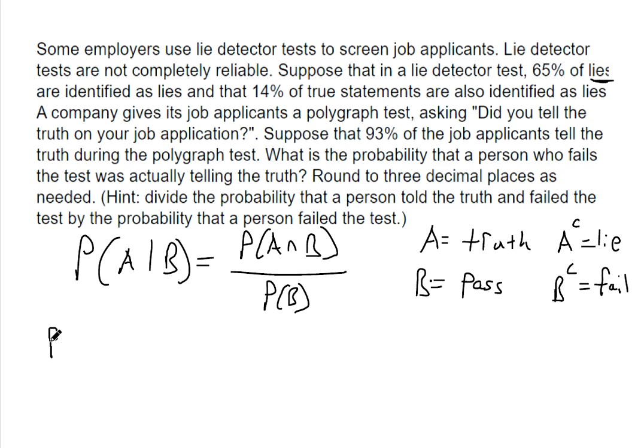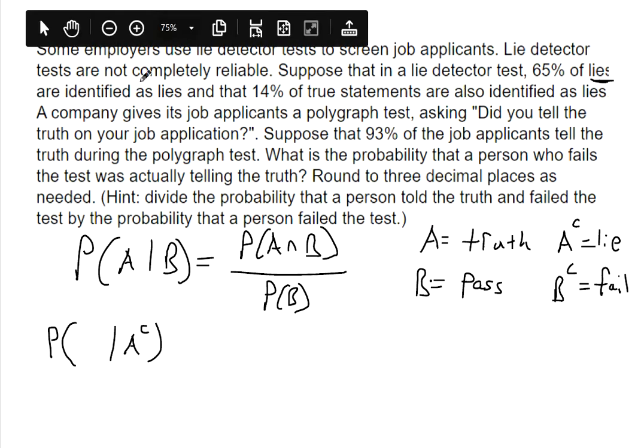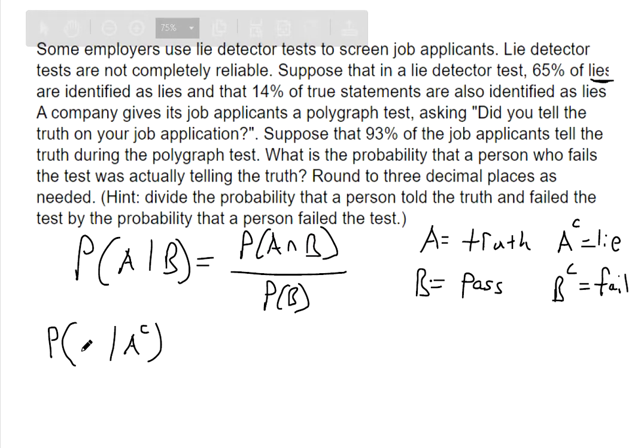We are given that, so the given part of the formula comes after this vertical bar. We know that they lie. That's given information. And the probability that the lie detector test identifies them as a liar, so that would be failing the lie detector test, so the probability of identifying somebody as a liar, given that they are a liar, is 0.65.